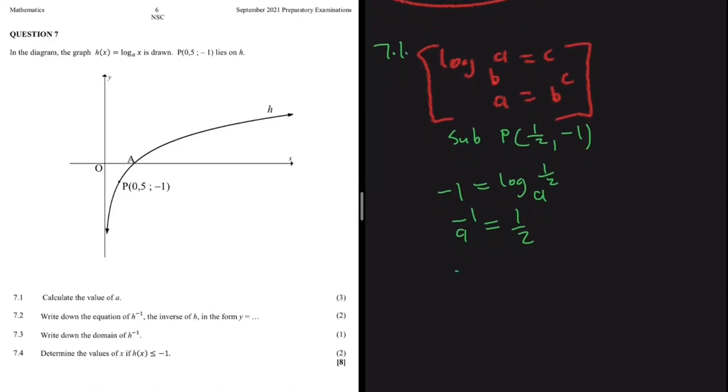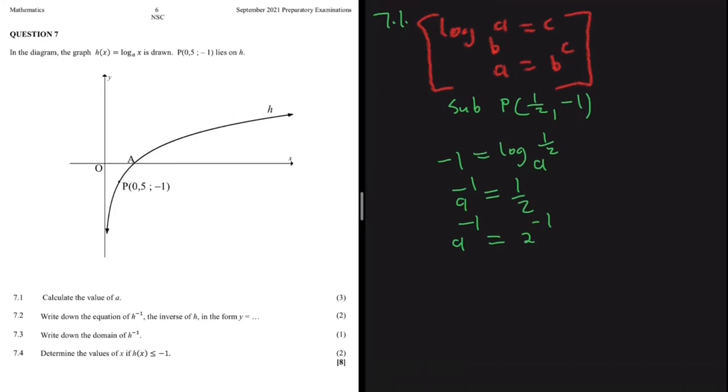So we're gonna have a to the minus 1 equal to 2 to the minus 1. 2 to the minus 1 is the same as 1 divided by 2. So now you can see that the exponents are the same, so we can drop them and equate the bases. So we're saying that a is equal to 2.